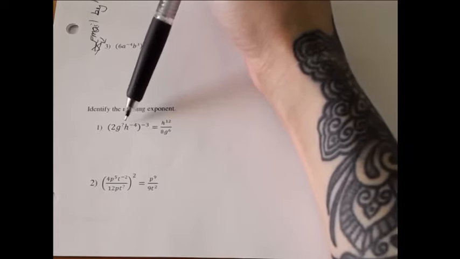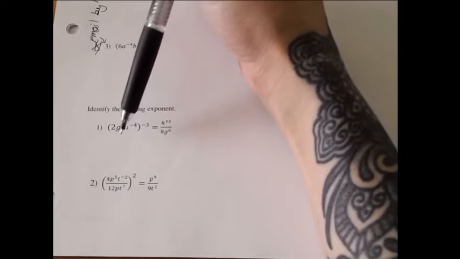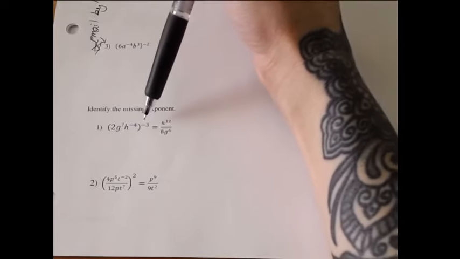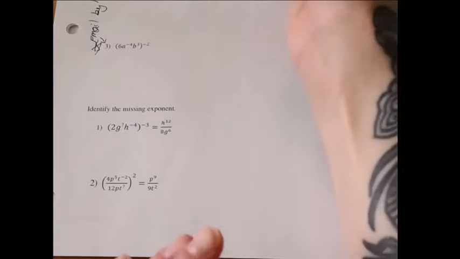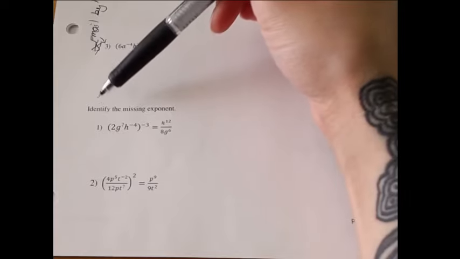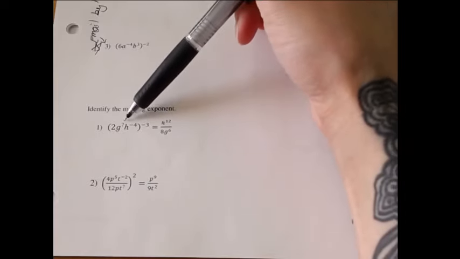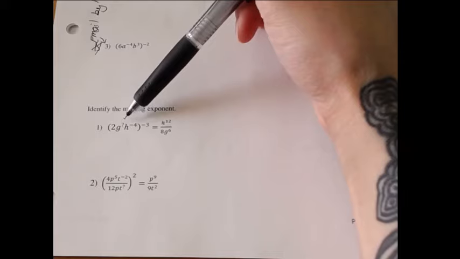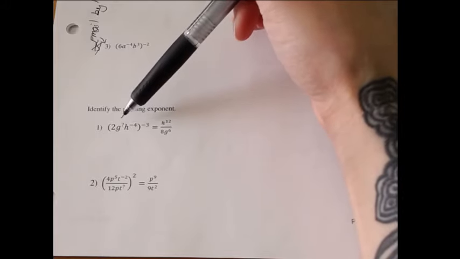We could take this h to the negative fourth and bring it to the denominator, rewrite this, then distribute the negative 3. We could. Or I'm going to show you what your options are. Now, what this is saying is it wants us to identify what that exponent should be, because it's a question mark right now, so it's unknown.